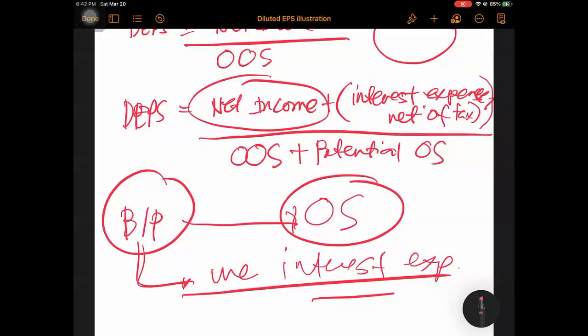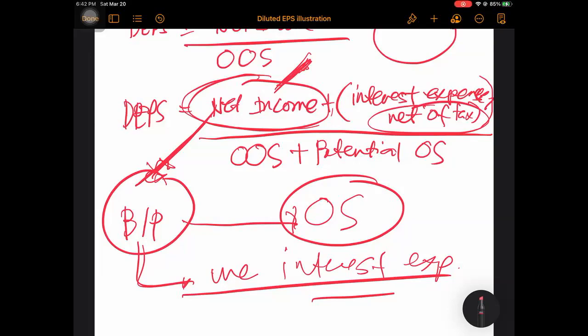In the computation of net income, the interest expense from bonds payable was deducted, but in the computation of diluted earnings per share, we assume the bonds payable is converted into ordinary shares. That's why we add back the interest expense we deducted in computing net income. And make sure that it is net of tax.